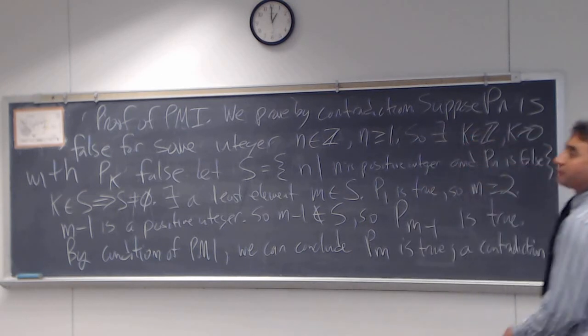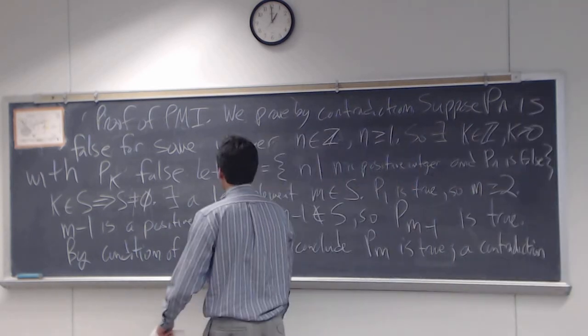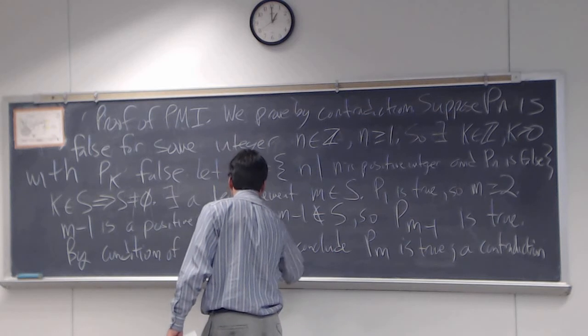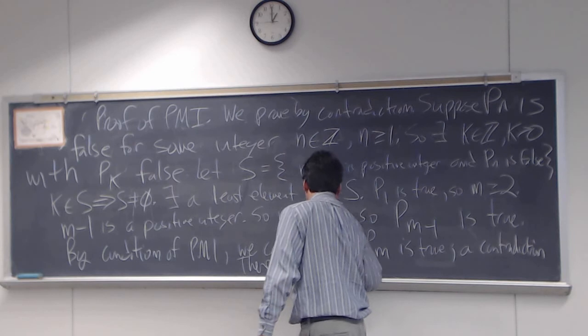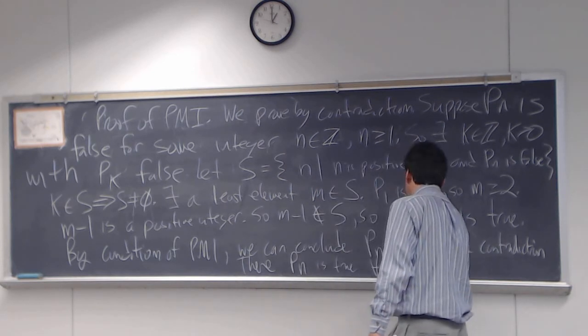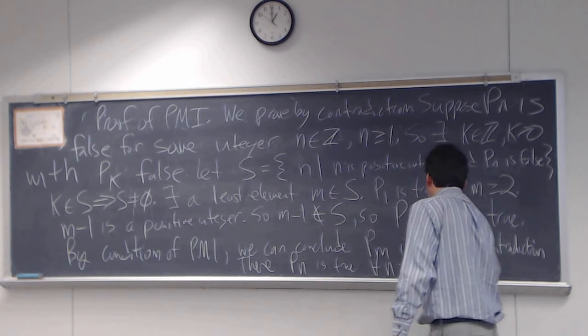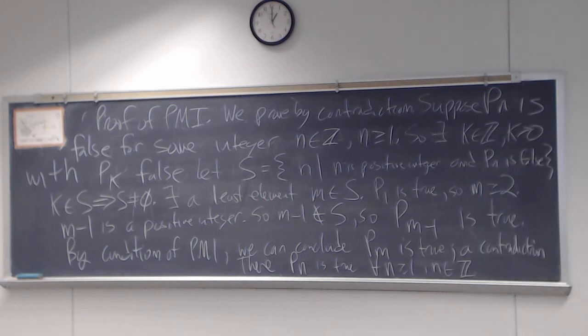The assumption that there exists a positive integer k with Pk false. Therefore, Pn is true for all n greater than or equal to 1 and an integer. So that's how the principle of mathematical induction can be derived from the well-ordering principle.